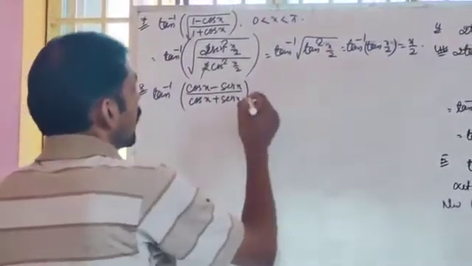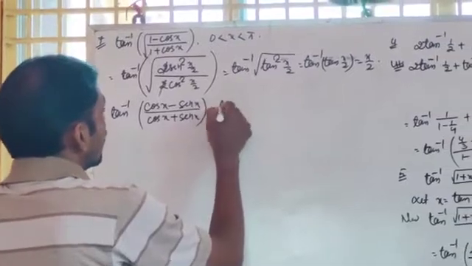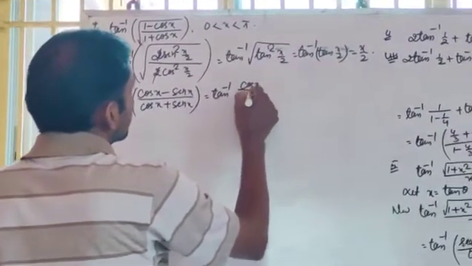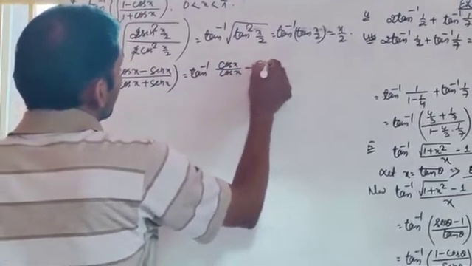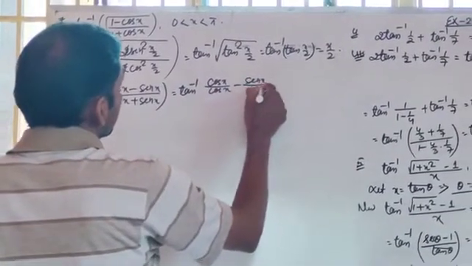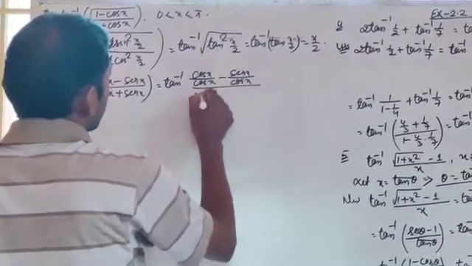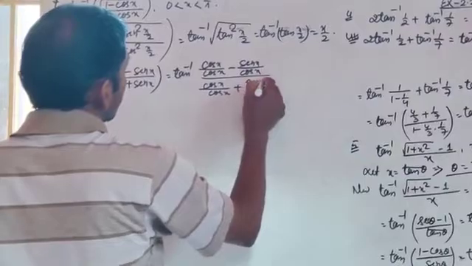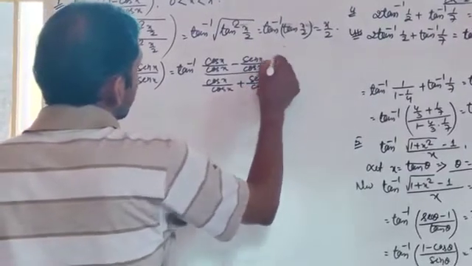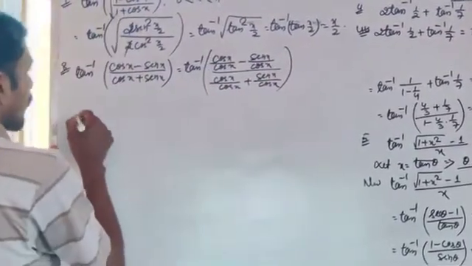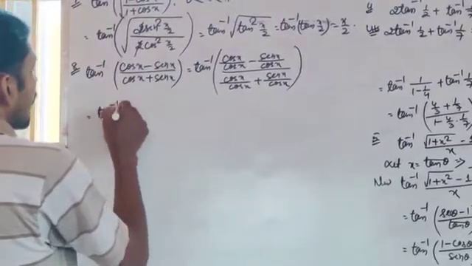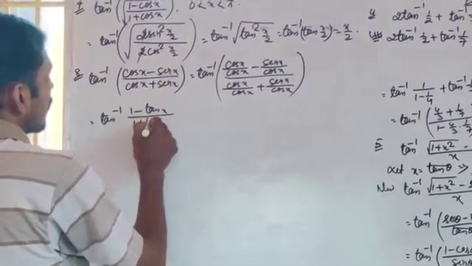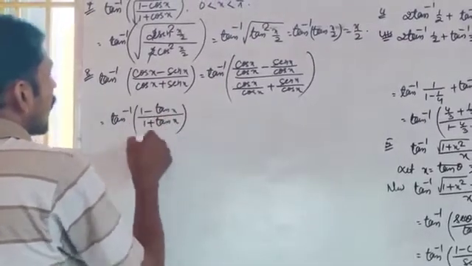So first we will divide both numerator and denominator by cos x: cos x by cos x minus sin x by cos x, over cos x by cos x plus sin x by cos x. We become tan inverse of (1 minus tan x) by (1 plus tan x).